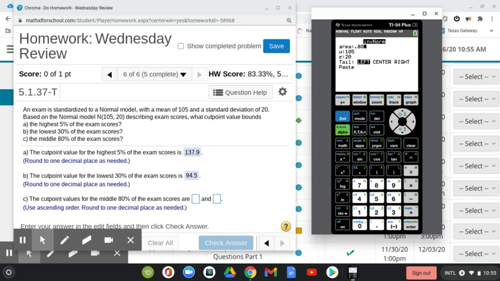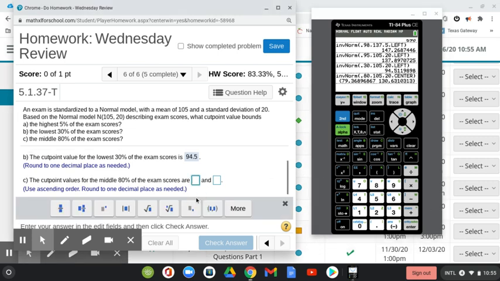I have the same average and standard deviation, and now I want to do center. Okay, and then paste. And now it's going to give me both of my answers. The left side is going to be 79.4, and the right side is going to be 130.6.